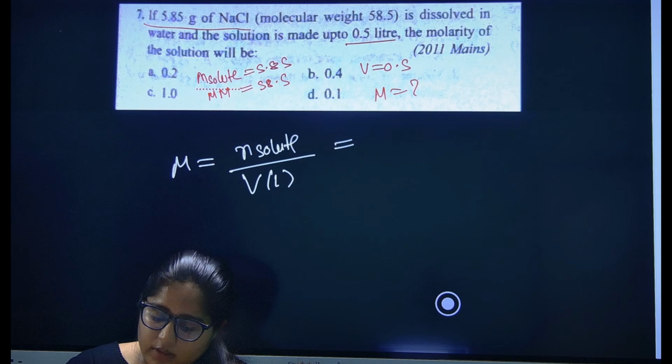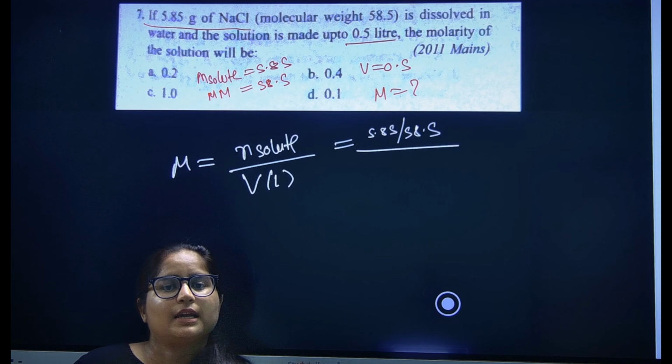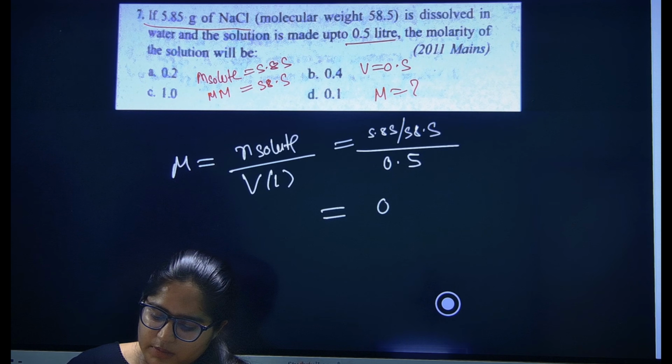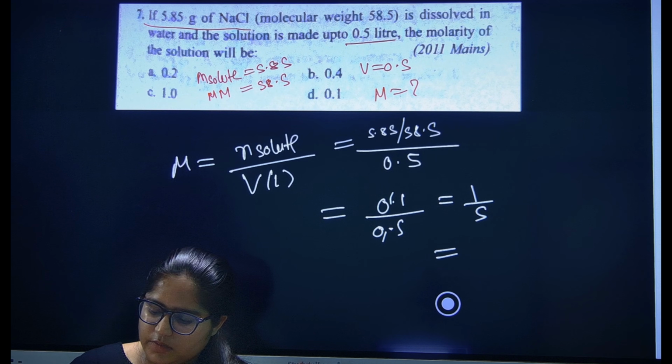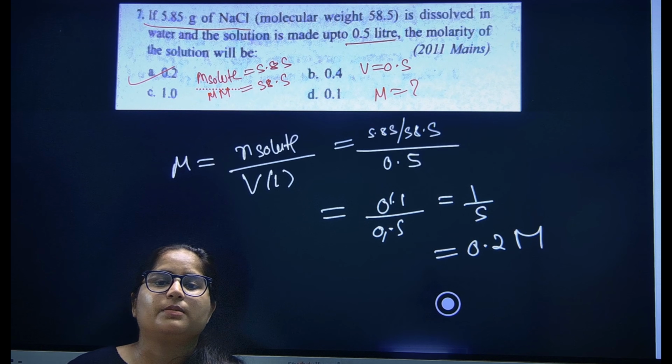Moles of solute is given mass by molar mass. Given mass 5.85, molar mass 58.5. The numbers are given so that the calculation is very simple. And here 0.5 liter, so it becomes 0.1 by 0.5, which is 1 by 5, that is 0.2 molar. Option number A will be the right answer.